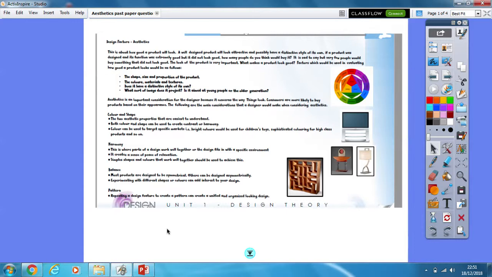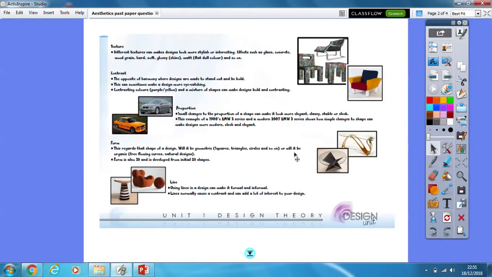How is pattern being used to improve the aesthetics of a product? Texture can also be used to make a product look good. Contrast, proportion, form, line, all of these aspects you need to know about. And once you know them and are able to recognise how they're used in a product, you should have no problem answering a question on aesthetics.